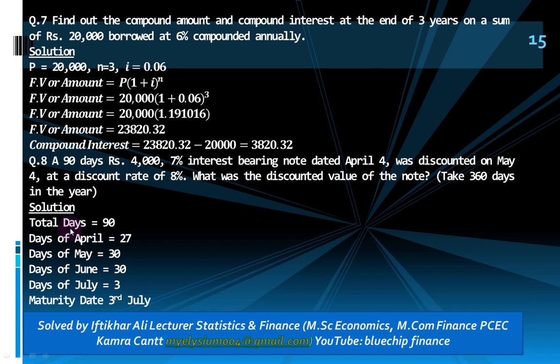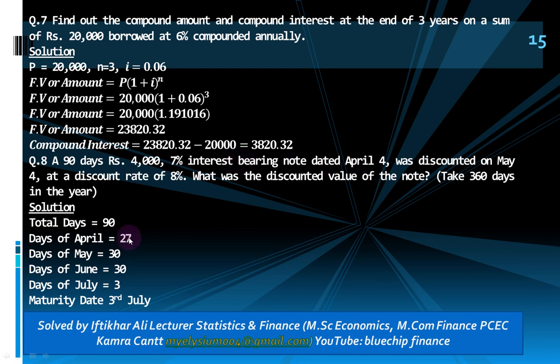So total days here are 90, because normally bills consist of 3 months, so total days are 90, in which days of April, because on 4th April this note was issued.